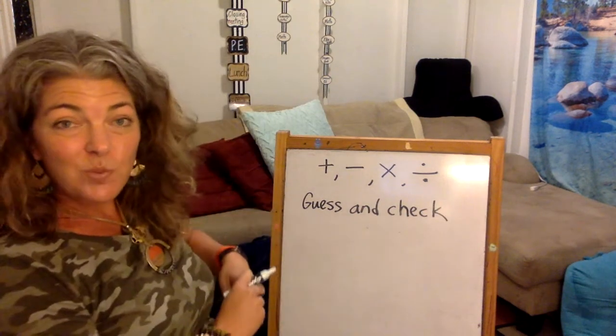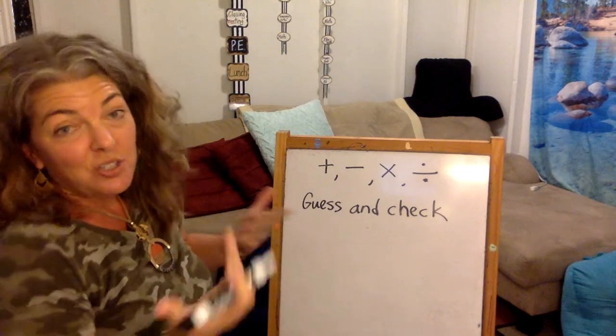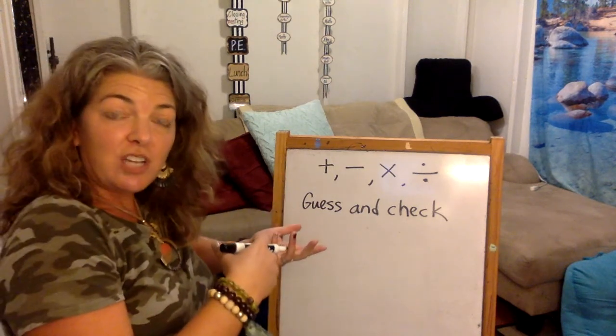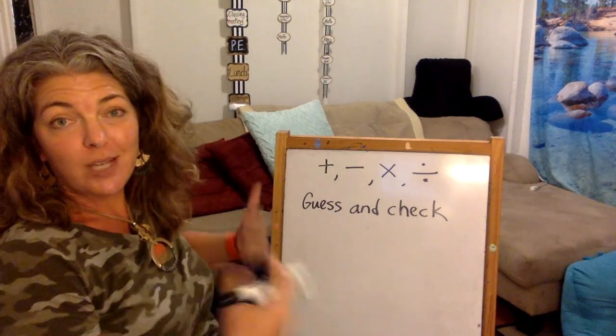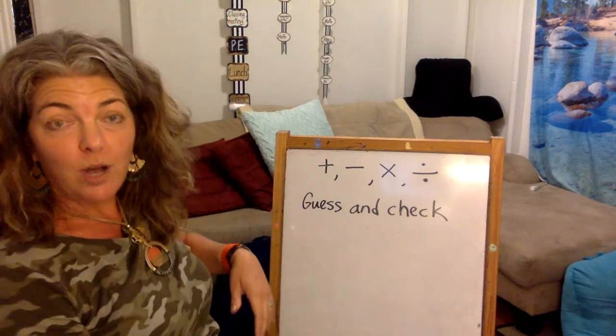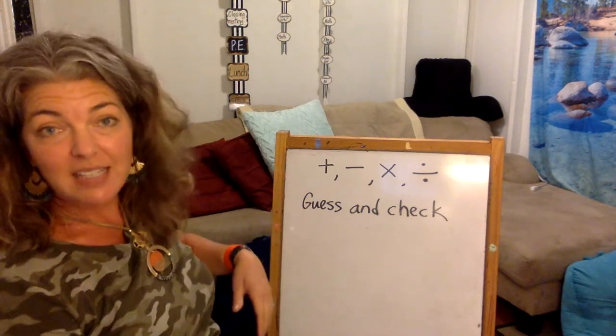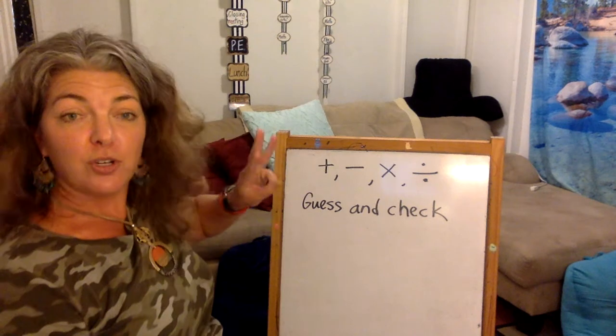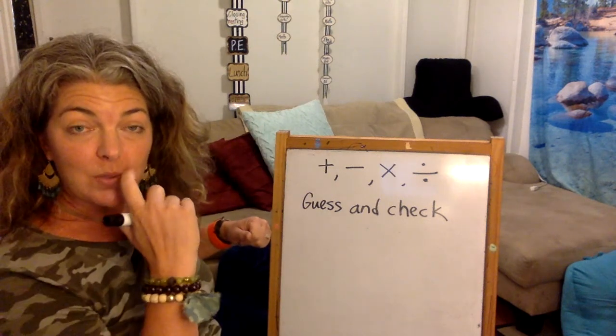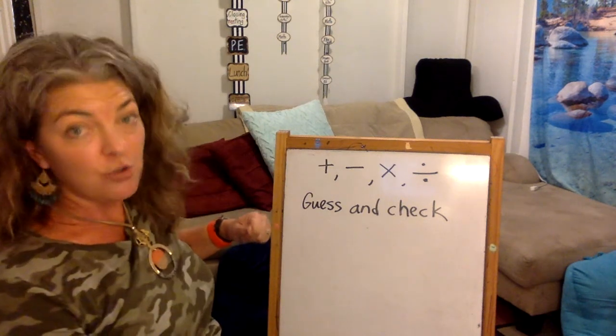Guess and check is one of my favorites because you're making a guess, you're checking your answer. Sometimes you're right, sometimes you're wrong. If you're wrong, you try again. Guess and check. The third strategy that we like to use a lot in 3rd grade is draw a picture.